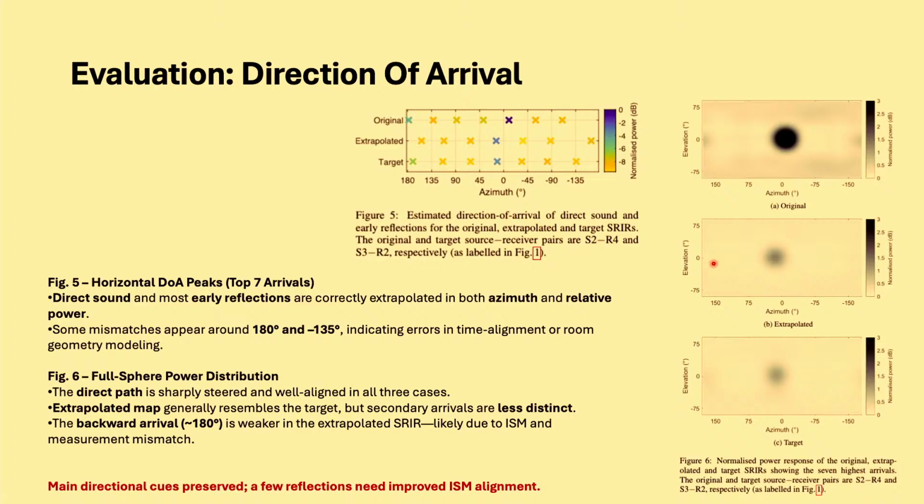This problem is mainly caused because when we isolate the arrival, we only cut it in the time domain. But if you have two arrivals at almost the same time, you cut this one, you may also cut a little bit of signal from the other arrival. So it cannot show the direction at the back of your head.